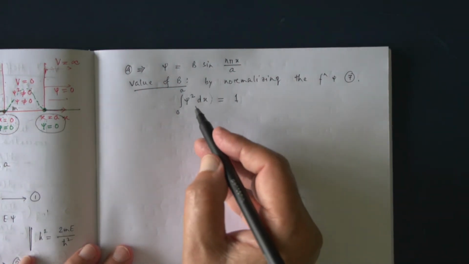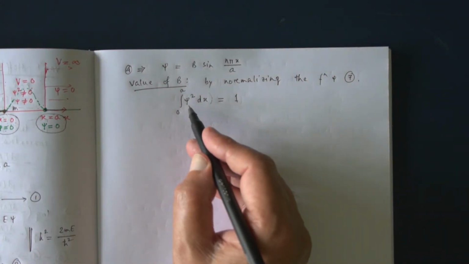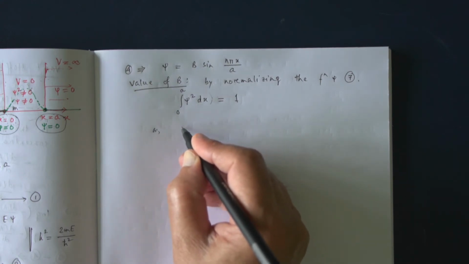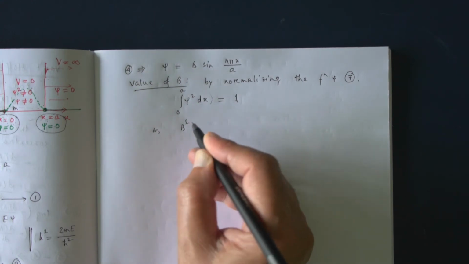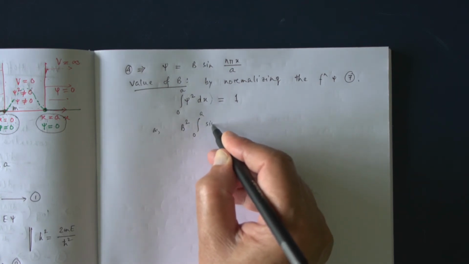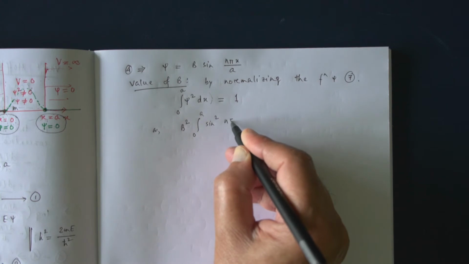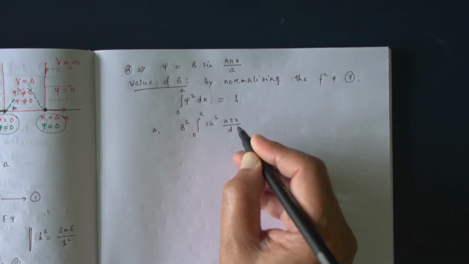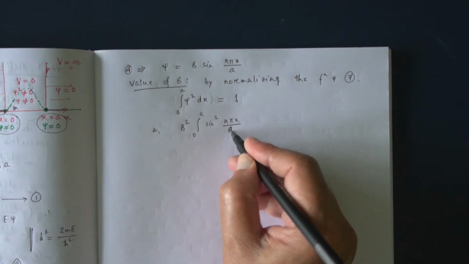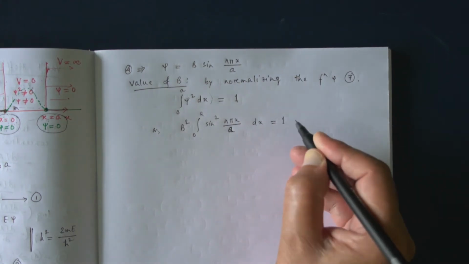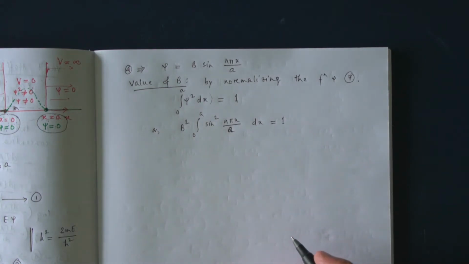So we put the value of psi here. B is constant, so I can take it out. B square integration 0 to a sine square n pi x by a dx equal to 1.